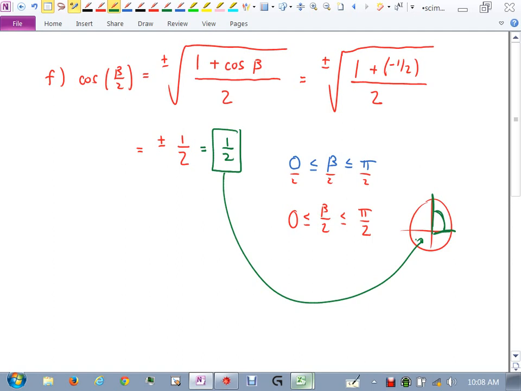Now, let me give you something a little more realistic for the exam, all right? We won't go through all the A, B, C, D, E, and F, but let me just show you something that I would be more likely to put on the test. Something like this.